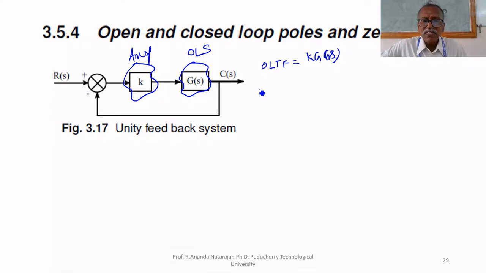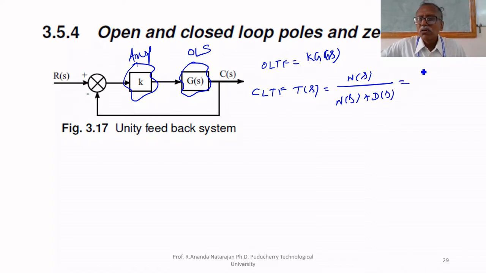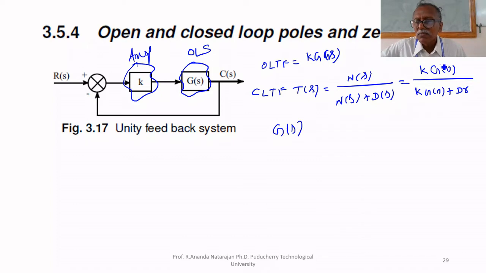What is the closed loop transfer function? With unity feedback, closed loop transfer function T of s equals N of s upon N of s plus D of s, which is equal to kG of s upon kG of s plus D of s. Suppose G of s is equal to N of s upon D of s.